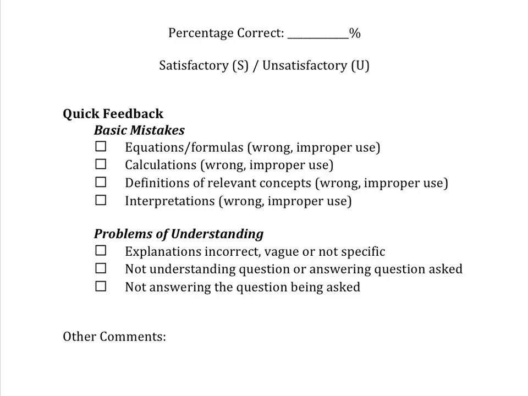And again, the idea here is to give you some pretty quick feedback. More often than not, most students tend to make the same kind of mistakes again and again. So what we're trying to give you is information so you can avoid making these same mistakes in the future. Okay, so let's go to the next page.